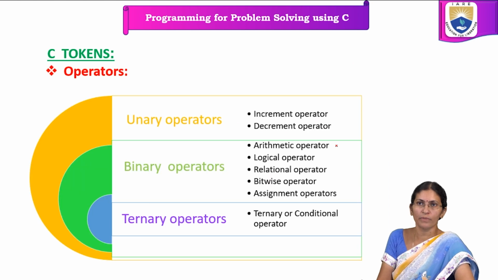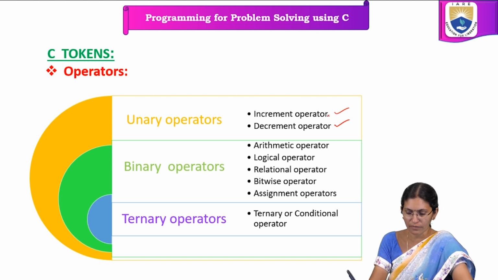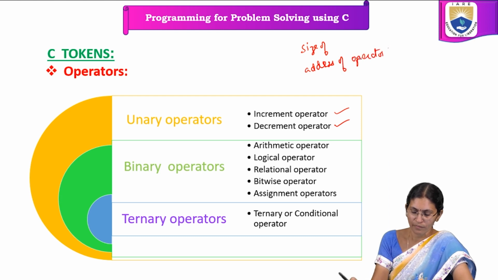First, the unary operators. These are the different operators: increment operator, decrement operator, sizeof operator, address of operator, and the unary minus operator.